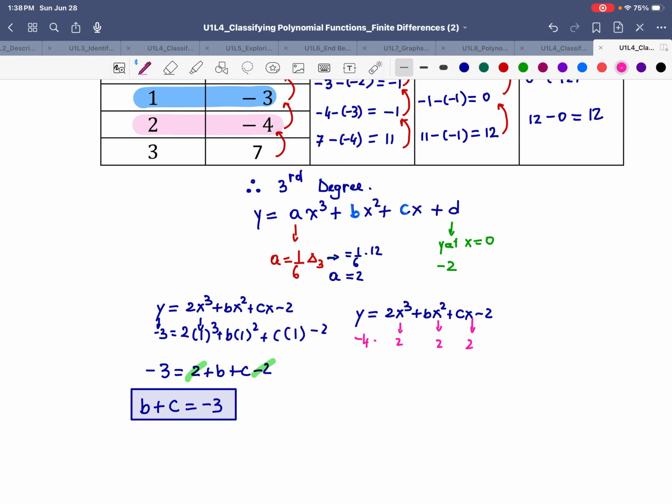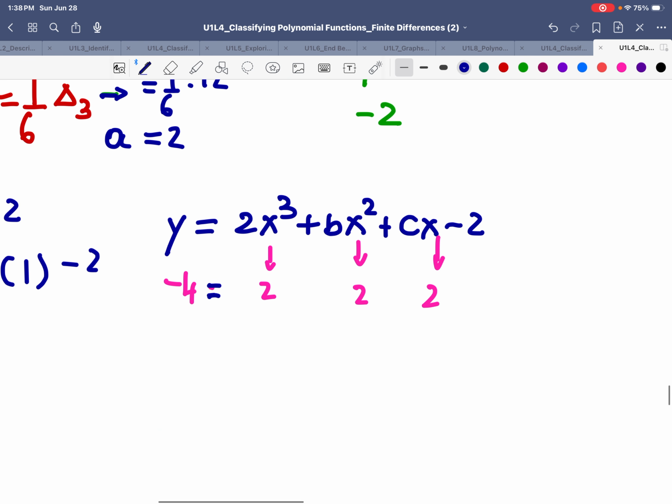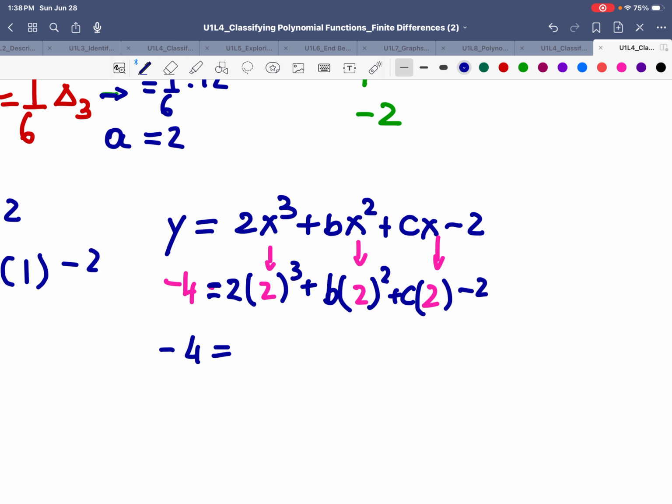And that will change up our equation to become 2 times 2 to the power 3 plus b times 2 to the power 2 plus c times 2 minus 2. So negative 4 equals 16 plus 4b plus 2c minus 2. So we have negative 4 equals 16 minus 2, which is 14, plus 4b plus 2c.